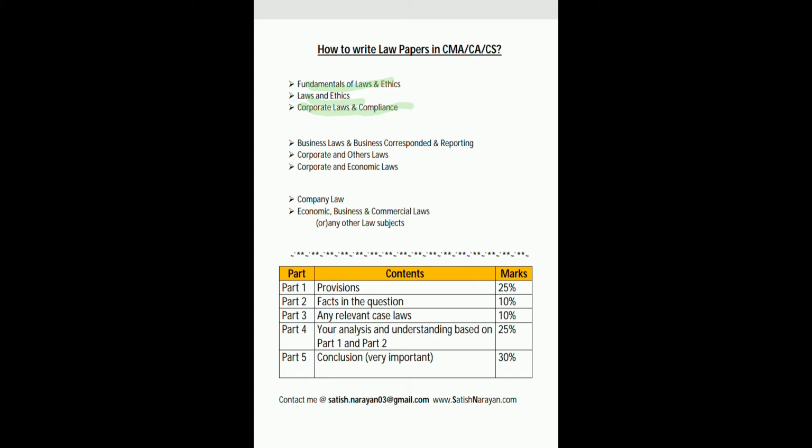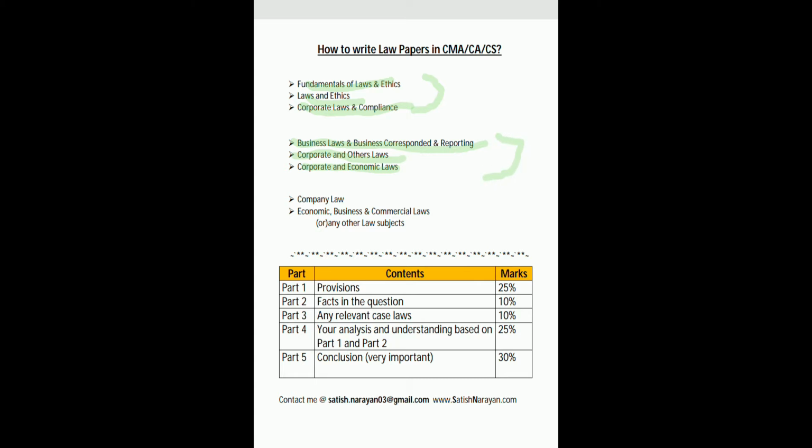So the first three will be in CMA. However, if you come to CA, we have business laws and business correspondence and reporting, corporate and other laws, and corporate and economic laws.